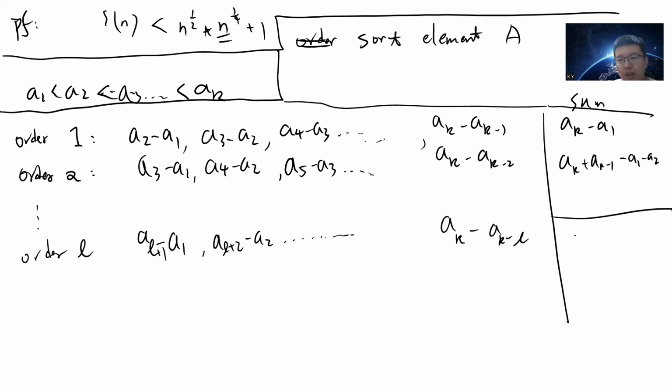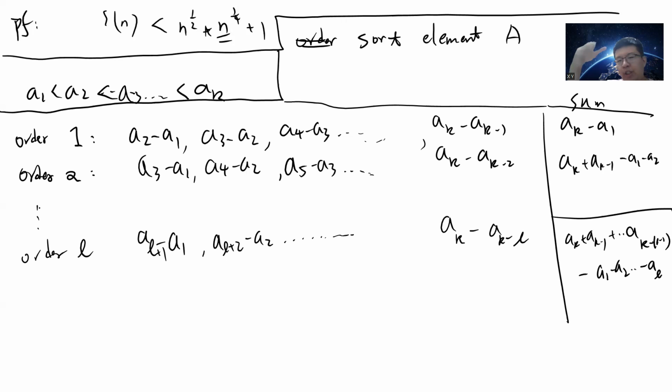And for order L, you can easily prove it's A(K minus L plus 1) up to AK minus A1 up to AL. Okay, so these are the sums.